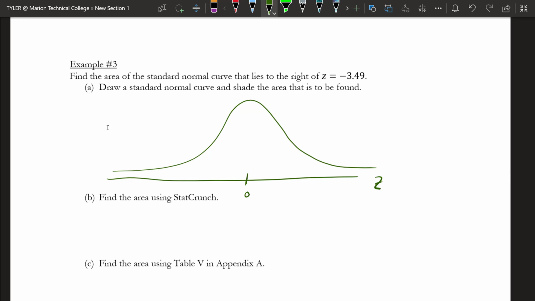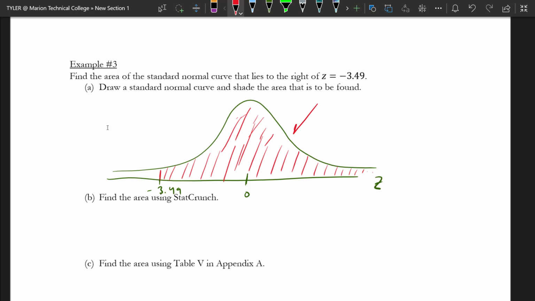In the center, we have z of 0, and negative 3.49 would be somewhere over here. And we're finding the area to the right. So we get this. Again, that area is equal to the probability that z is greater than or equal to negative 3.49.